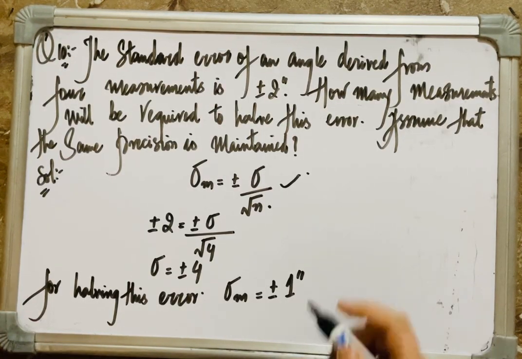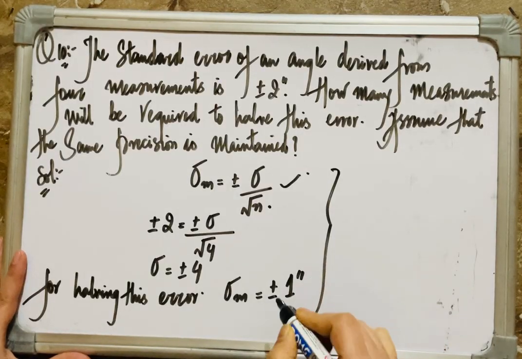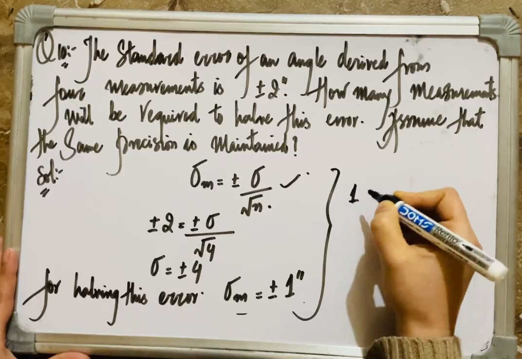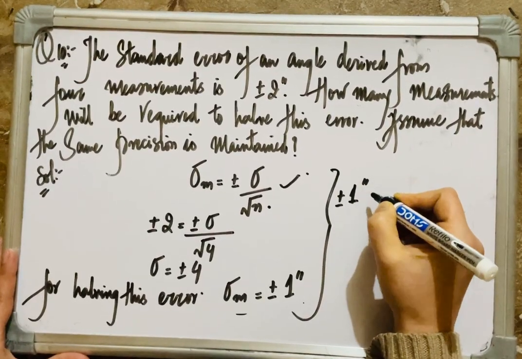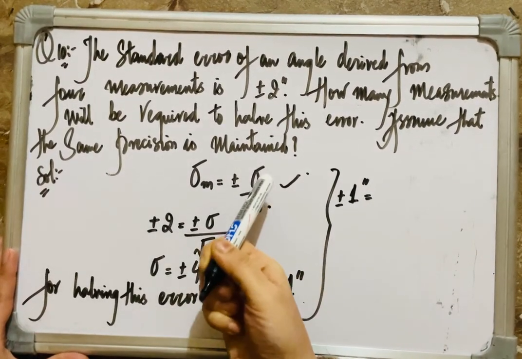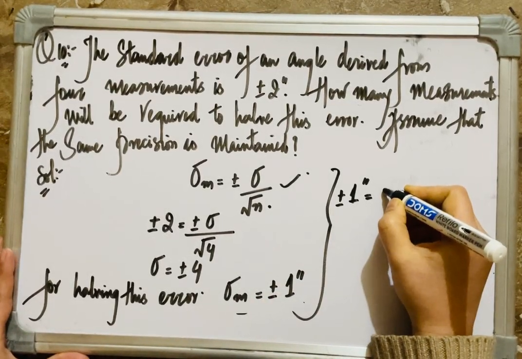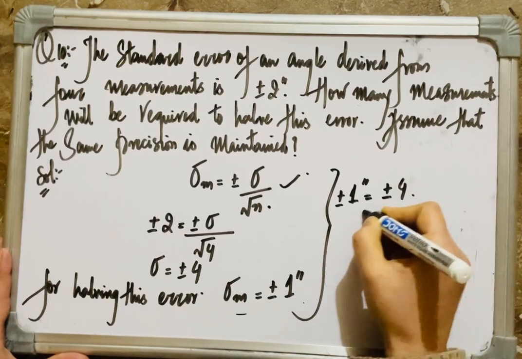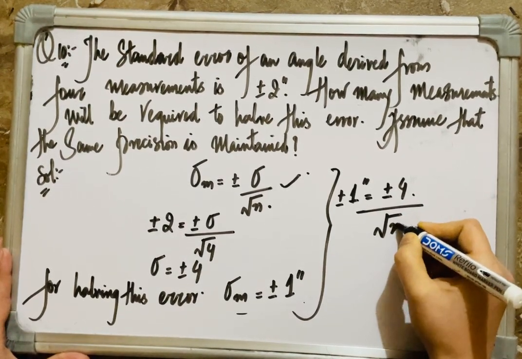Now how many observations do we have to take to halve this error? Let's use the same general expression. Now in this case, our standard error of the mean becomes 1 second. As already calculated for the single observation, it will be plus minus 4 by square root of n.